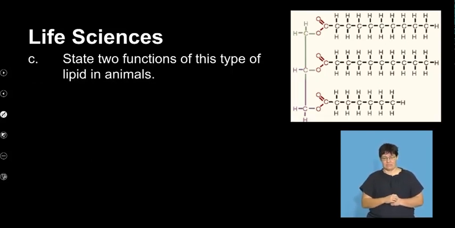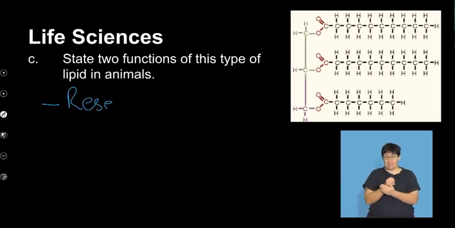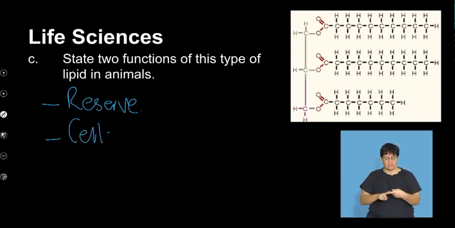Okay, guys, study time. State 2 functions of this type of lipid in animals. There were lots. Let's go. We had about 5. There was reserve energy. This is where your studying comes in. This is where you need to know. What else did it help do? It helped build our cell membranes.